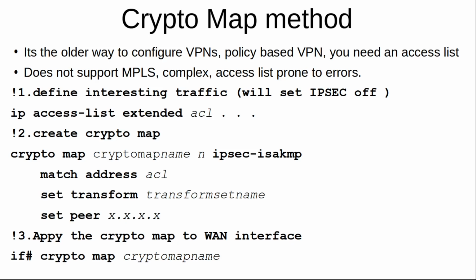So first you configure an access list, then create a crypto map with whatever name you want for it, match the access list, match the transform set, establish which peer this crypto map is aimed for, and apply the crypto map to an interface.